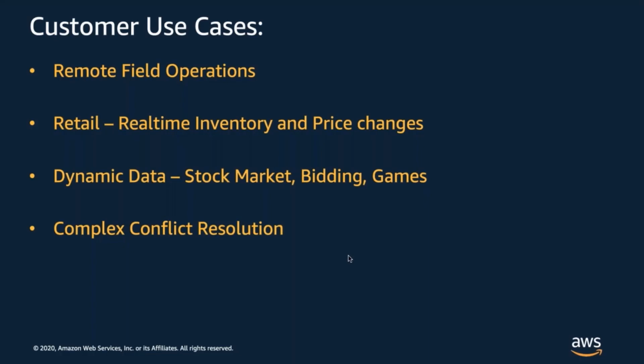If you're running an auction site doing bidding or certain types of games, right? In fact, a lot of competitive games are shared state games, so DataStore is useful for those. And lastly, if you do have custom conflict resolution scenarios, you can write a Lambda function and have DataStore implement your logic for your application.